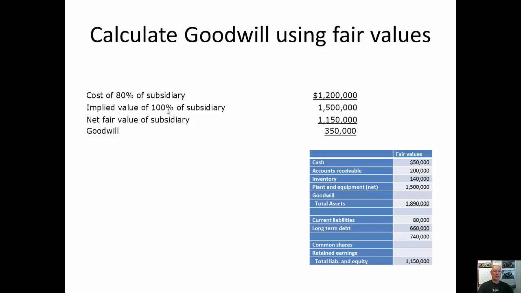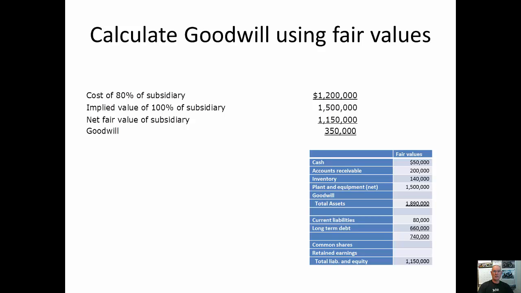So this is the fair value enterprise method, which you're going to commonly see under IFRS. So we're actually working with this $1.5 million figure that we've just calculated. Subtract the net fair value of assets, and we're left with goodwill of $350,000.